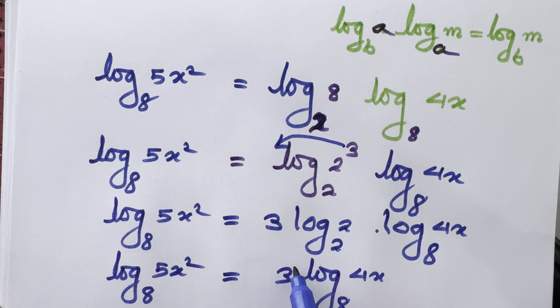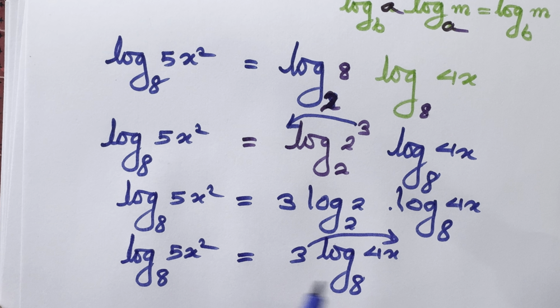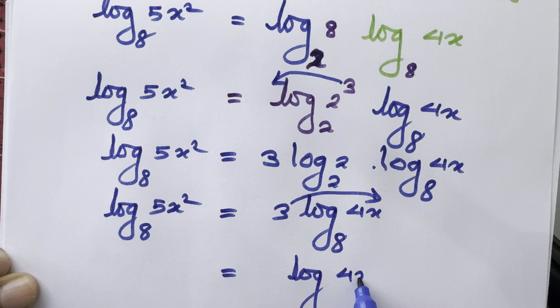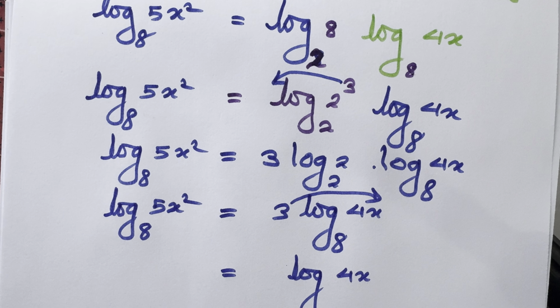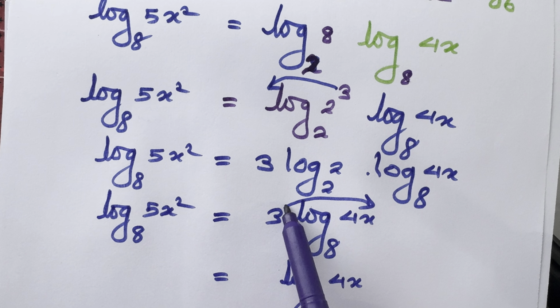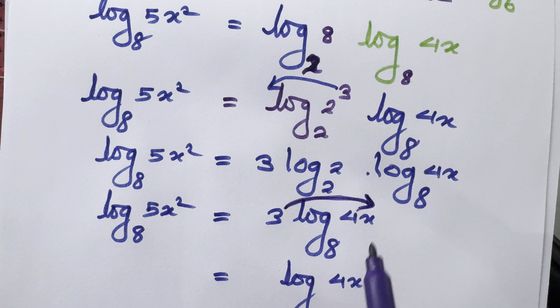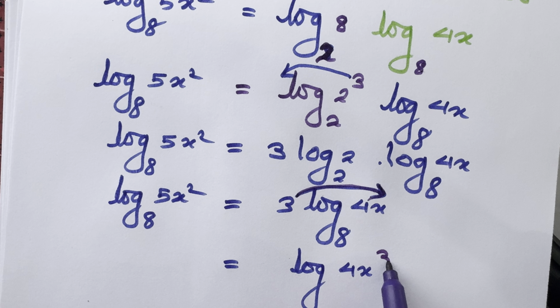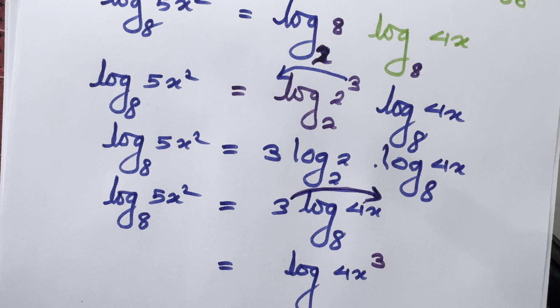Now once again, the power can be taken out of the logarithm, and so we can write it as log of (4x)³ with base 8 equal to log of 5x² with base 8. We can say that the power can be taken out of the logarithm, or we can do the reverse as well.